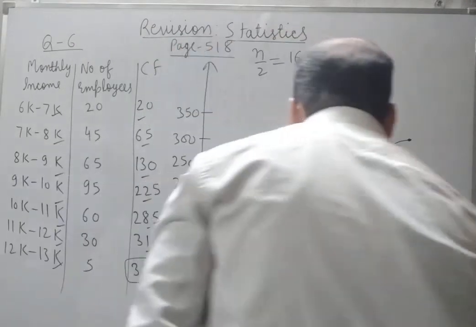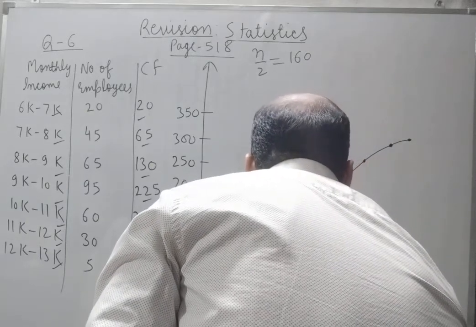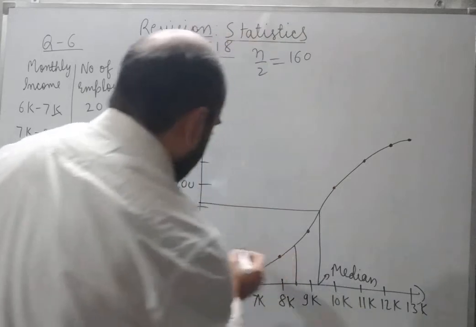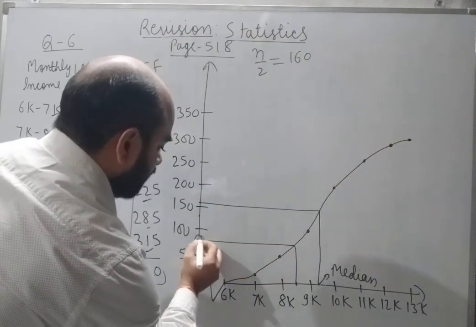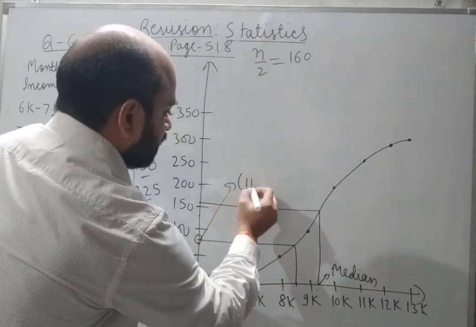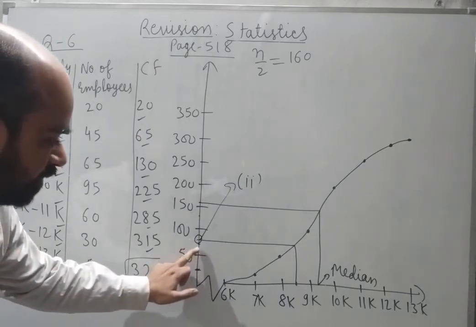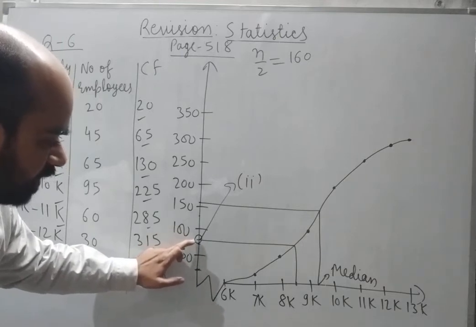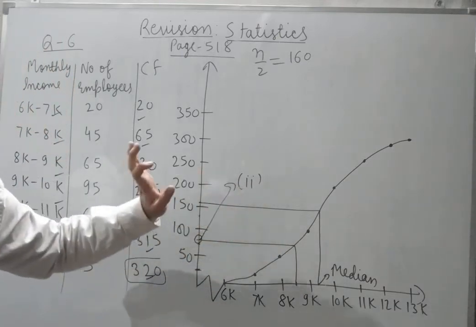From this middle value we have to draw a vertical line, and then from here a horizontal line. So that will give the second part answer, the number of employees whose income is below rupees 8500. Maybe it is 75, 80 or 82, whatever. This will give the second part answer.